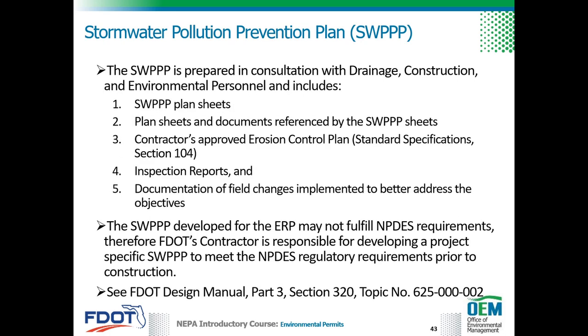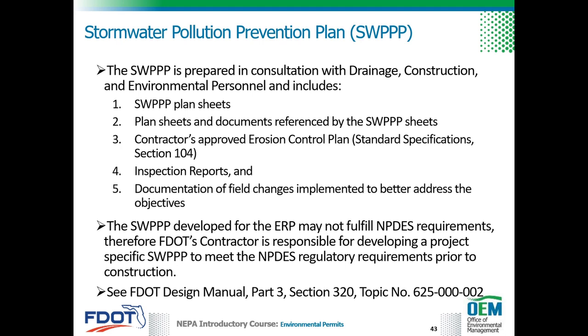The Stormwater Pollution Prevention Plan, or SWPPP, is prepared in consultation with drainage, construction, and environmental personnel and includes SWPPP plan sheets and documents referenced by the SWPPP sheets, the contractor's approved erosion control plan, Standard Specifications Section 104, inspection reports, and documentation of field changes implemented to better address the objectives.